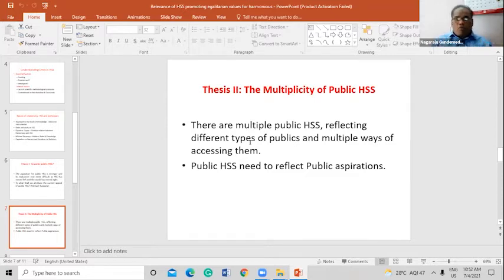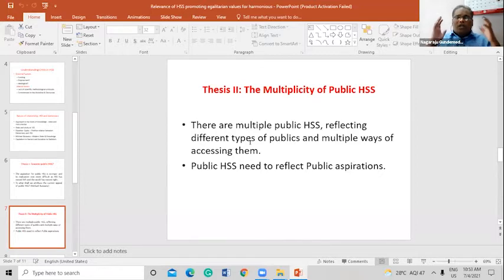But the important point here, friends, when you are looking at the nature of the relationship between democracy and the humanities and social sciences, is that the humanities and social sciences, to a large extent, are dominated by dominant ideological practices or dominant epistemic practices.